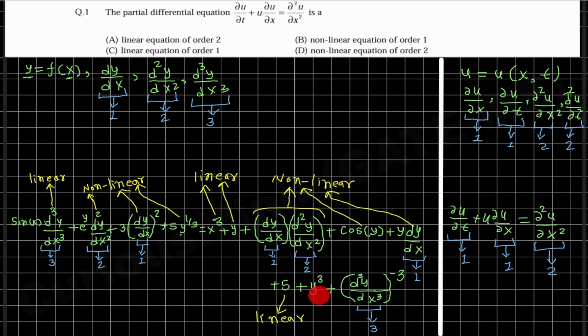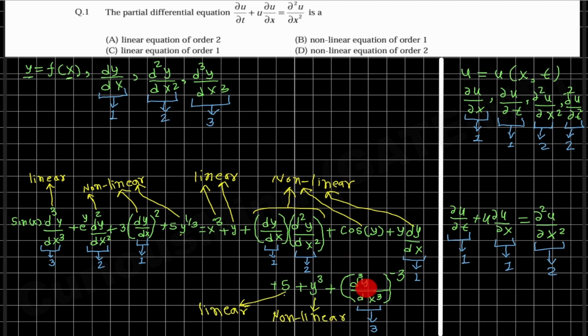Now we come to the seventh term, which is y with power 3, and here y is in a functional form because y is not in an independent form, rather it is in a functional form with a power 3. So this term is making this whole exact differential equation a non-linear differential equation.